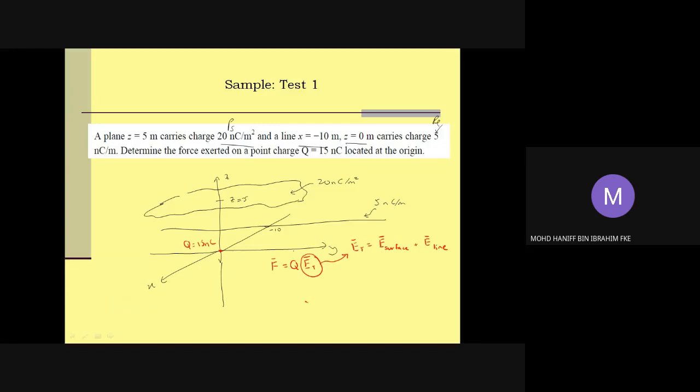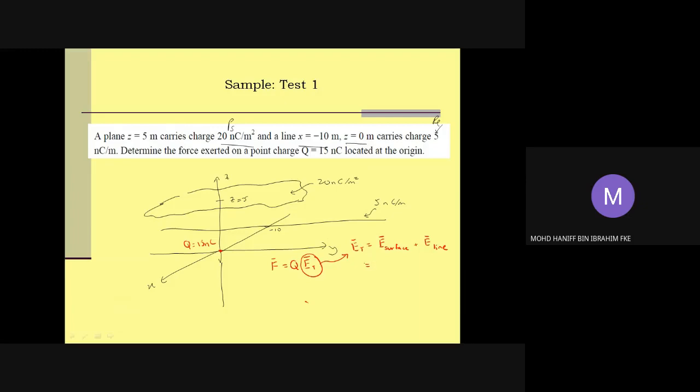For the E field at this point, the surface charge is at z equals 5. From what we have learned previously, for an infinite area of surface charge, because we are not given any conditions on the area of the surface charge, we can assume it is infinite in area.